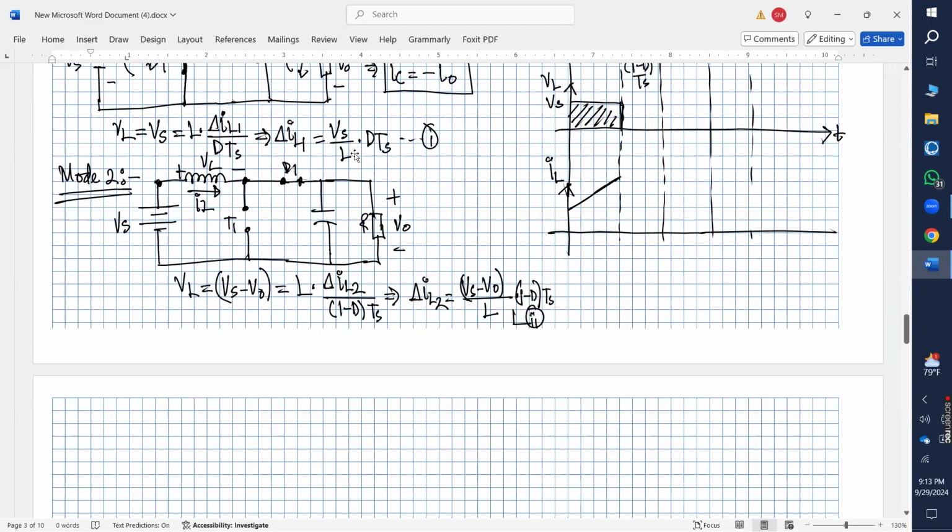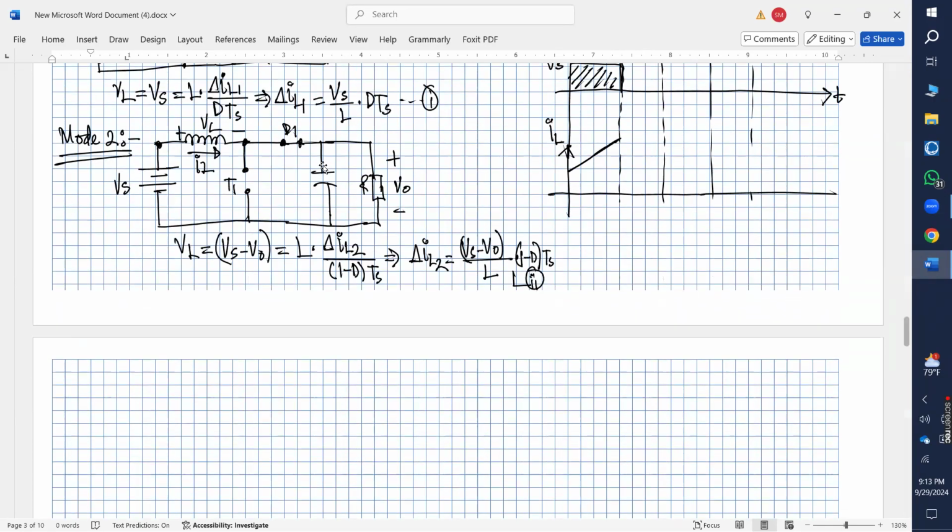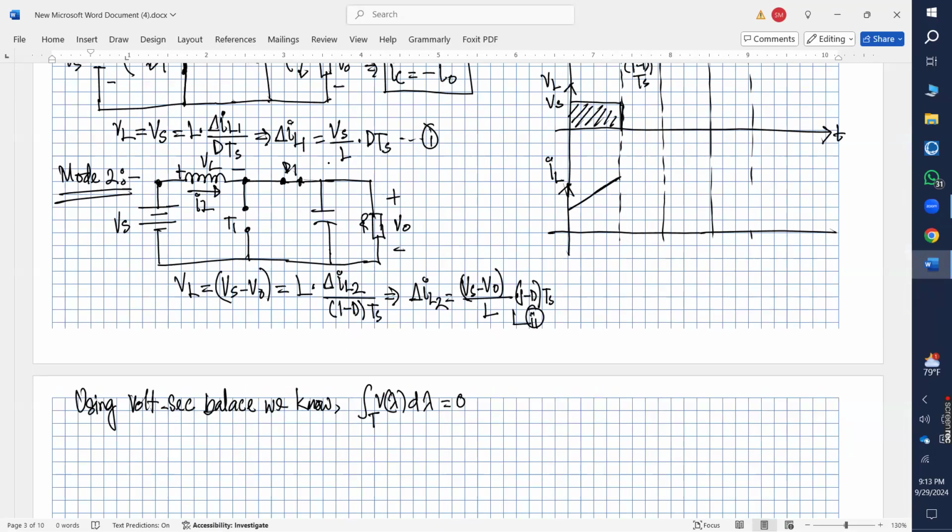Now if we do the volt second balance, we know the integration over a switching time of V of lambda d lambda should be equal to 0, right? What was the voltage across the inductor during this time?